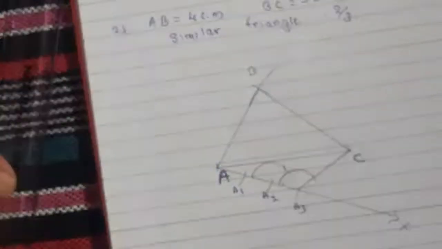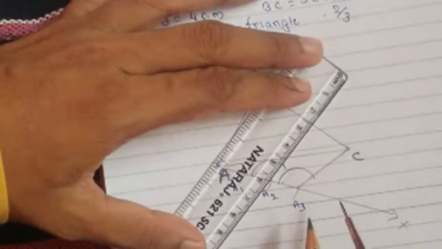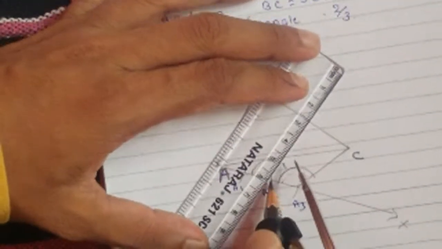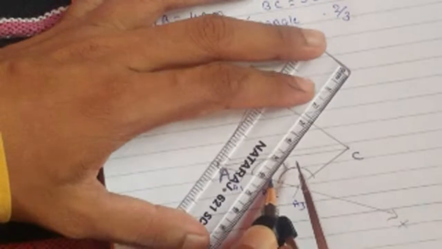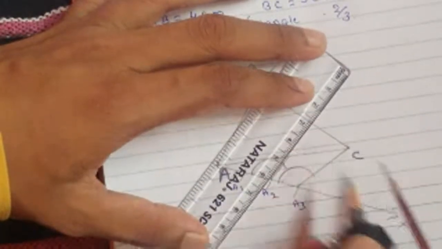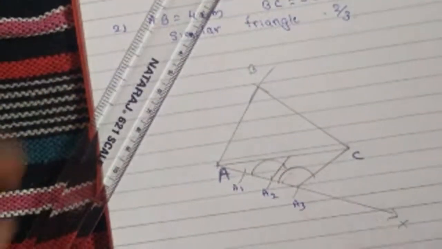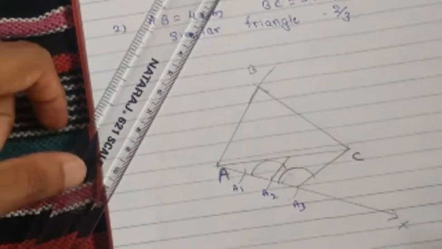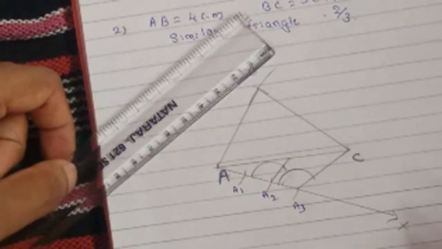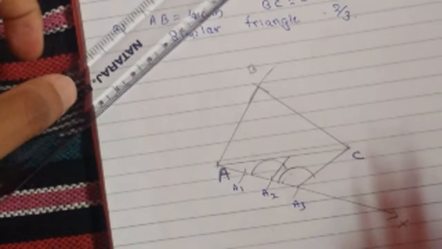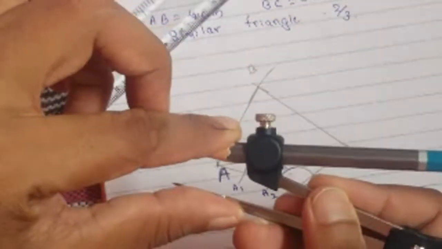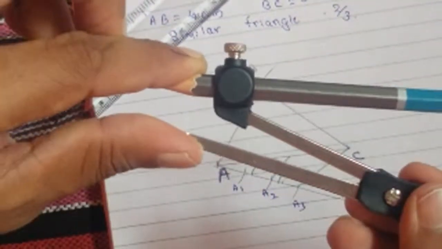So it is intersected here, and from point A we have to join this. So here the marking of the point is over.